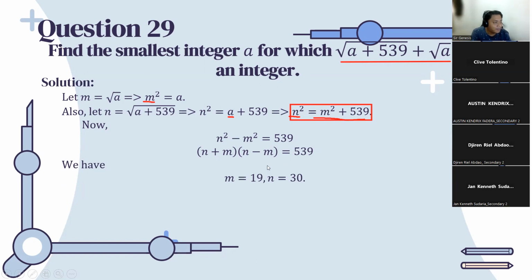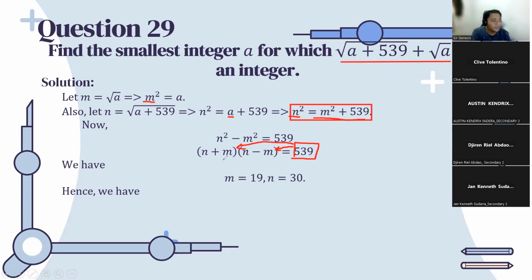Actually, I think this is not the only value for m and n. But what you can do is try to get factors of 539 and then assign them to n plus m and n minus m.